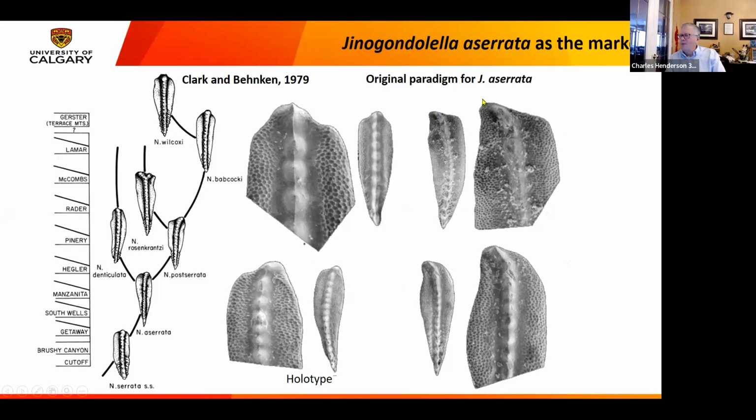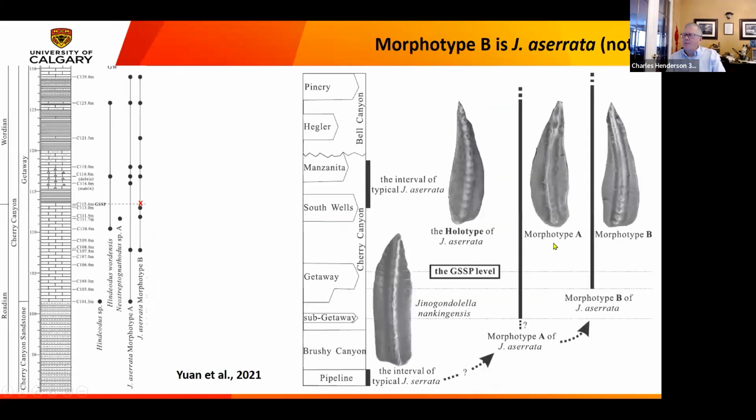And notice some of them have this deflection of the posterior cusp and this more wedge-shaped posterior margin instead of this narrow margin in here. It's a very distinct species.